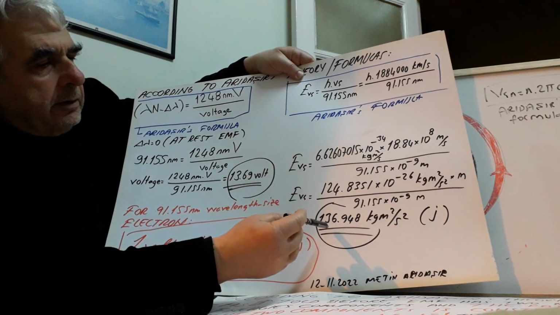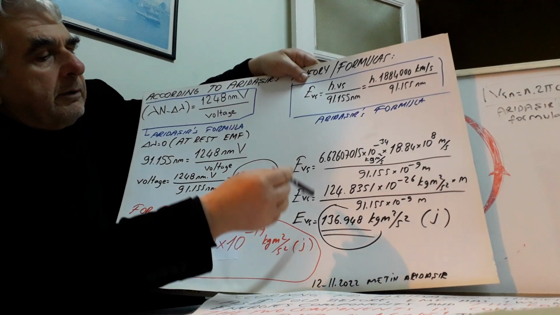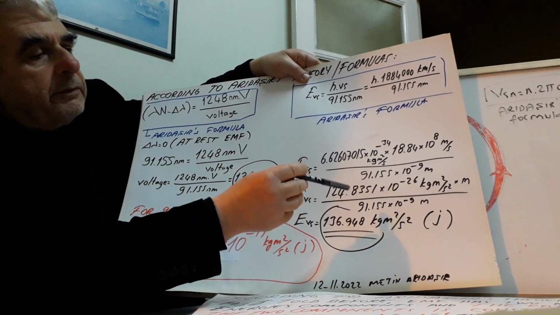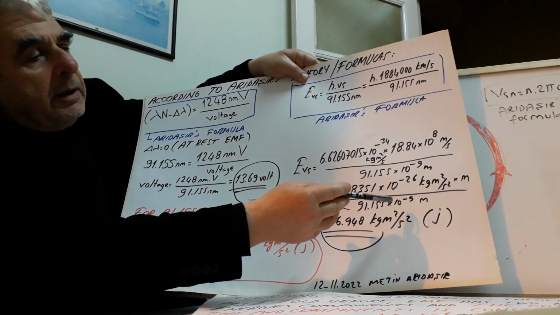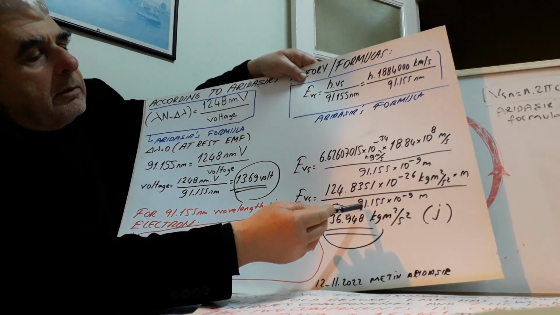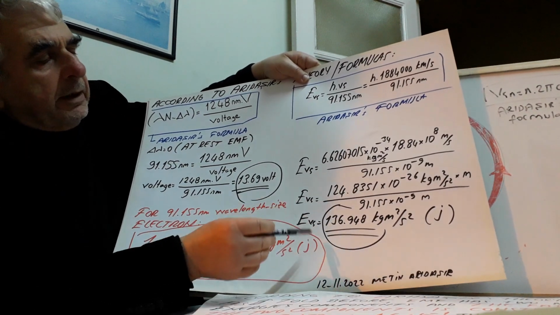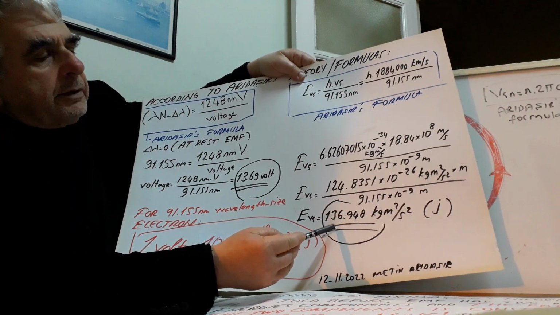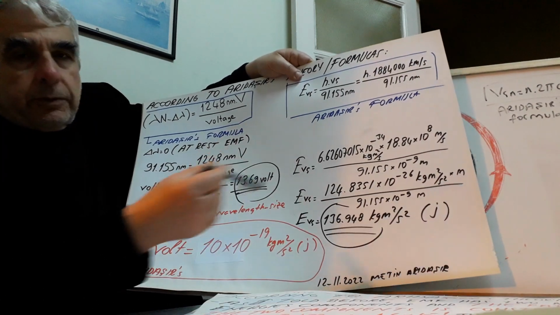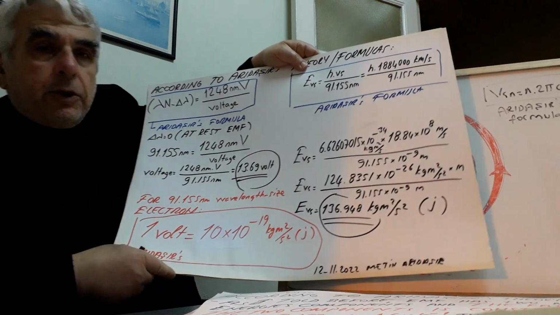Linear velocity component energy formula result for 91.155 nanometer wavelength energy is 136.9 joule, kilogram meter square divided by second square.